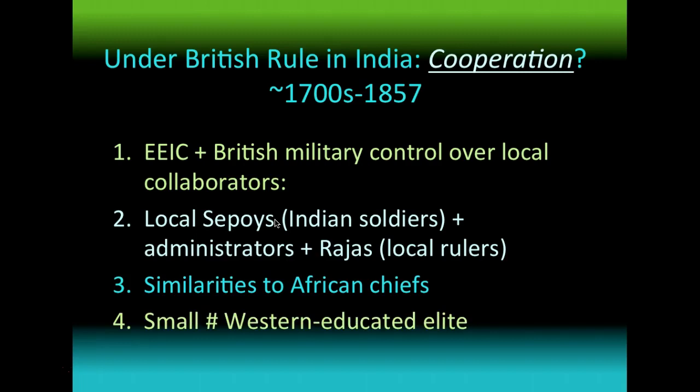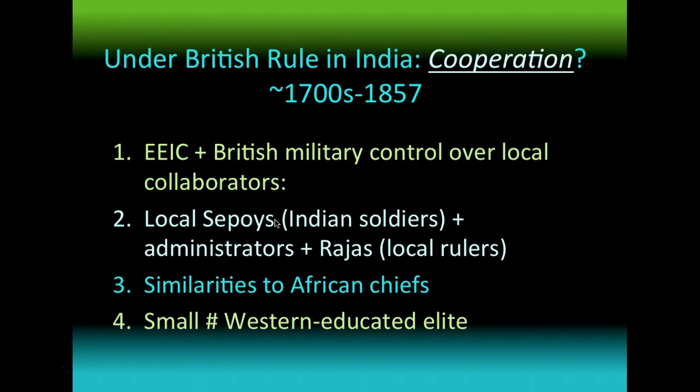There was a small number of Western educated elites in both India and in Africa, people who were Indian and African who ended up going to Europe to get educated in the universities there. And this provided these people with an interesting path to slightly more power and more influence.